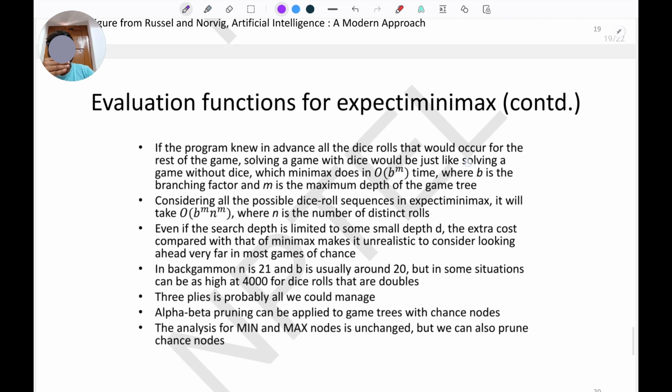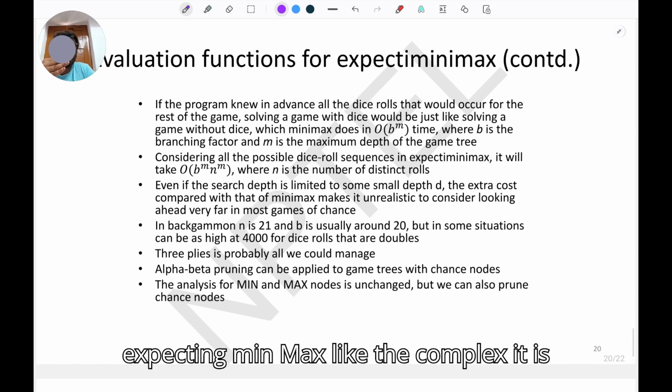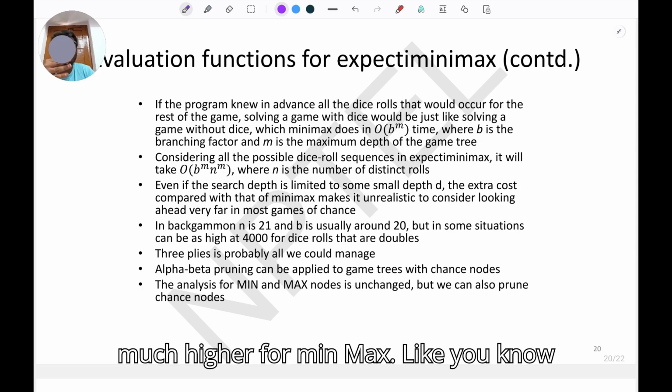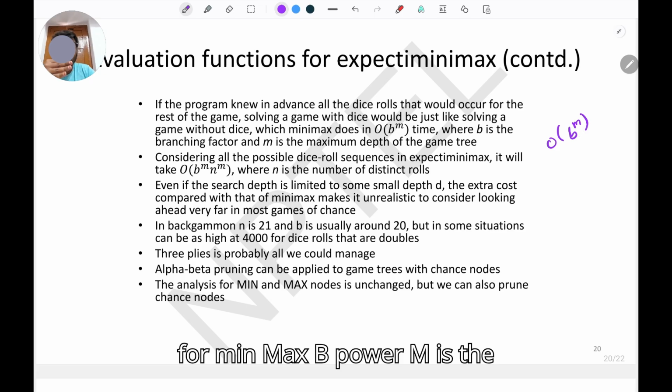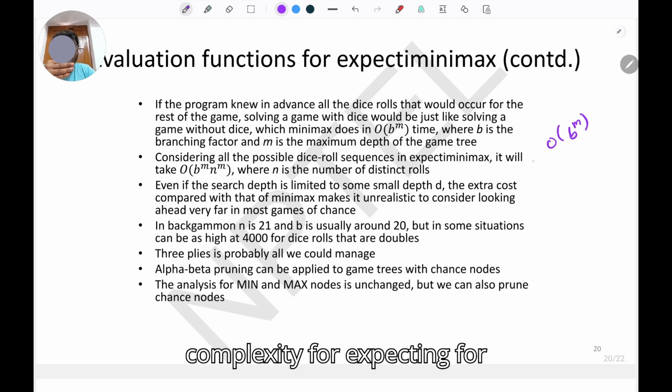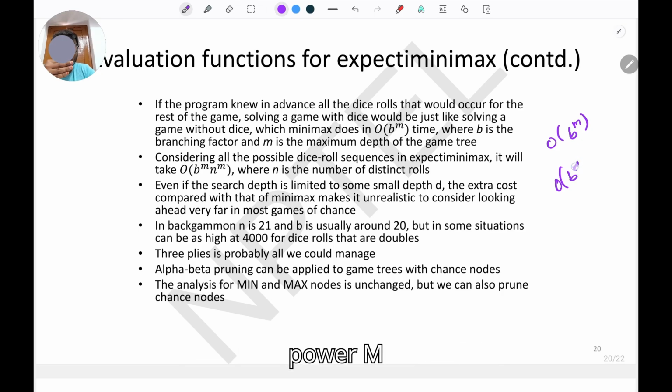The complexity of Expectiminimax is much higher than Minimax. For Minimax, the complexity is O(b^m). For Expectiminimax, it is O(b^m · n^m), where n is the number of distinct dice rolls.